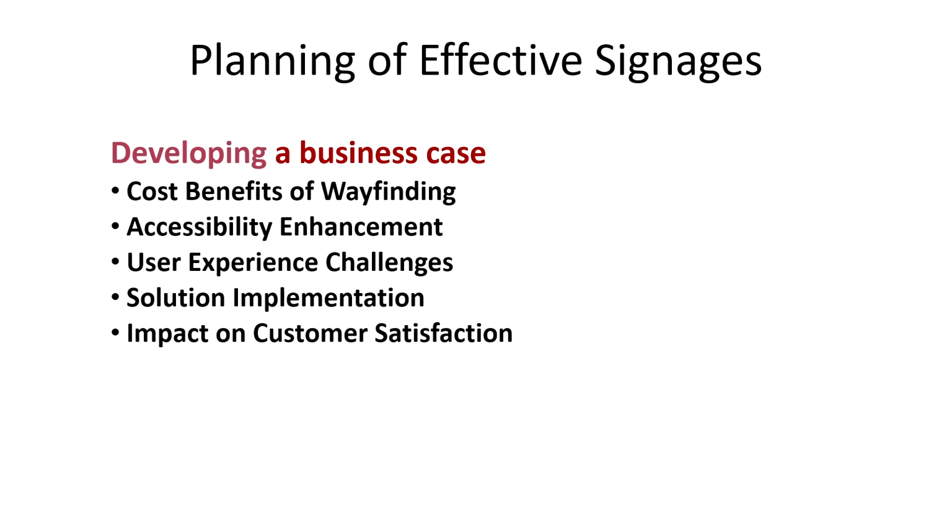Let's get into the first topic, which is cost benefit of wayfinding. Give background information that shows how an effective wayfinding system can save money. We have to show how spending money on wayfinding and signages can increase efficiency, lower cost, and make the user experience better.